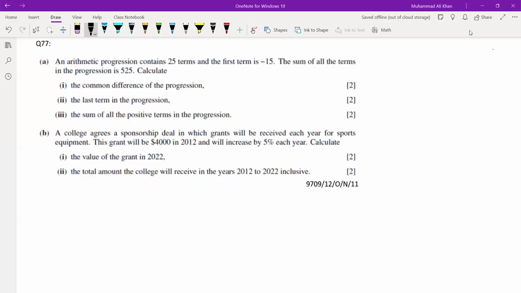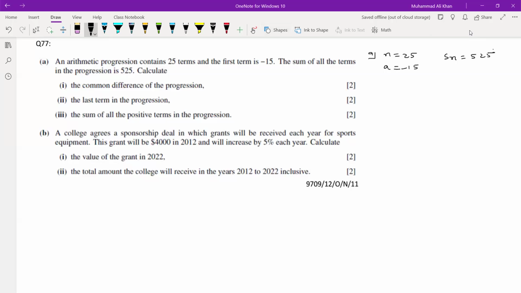Question number 77, October, November 11, paper 1, 2. देखिएगा जरा, in the first part, an arithmetic progression contains 25 terms. N equals 25. And the first term is minus 15. The sum of all the terms in the progression, Sn, is 525. ये क्वेश्चन अभी हम प्रीवियसली सॉल्व करके आए.